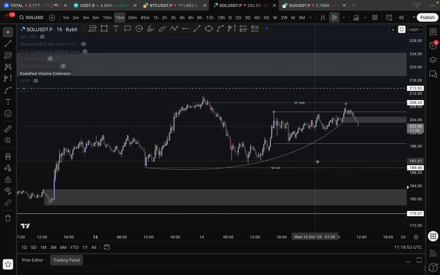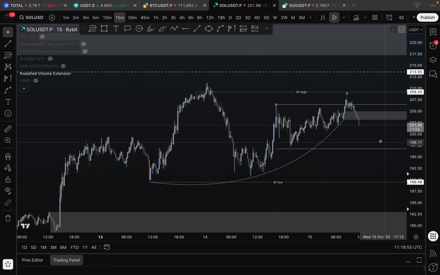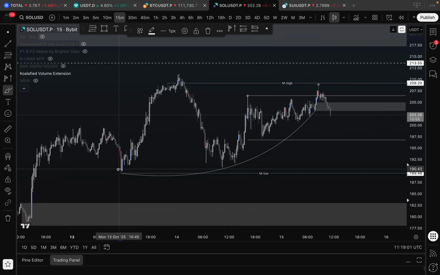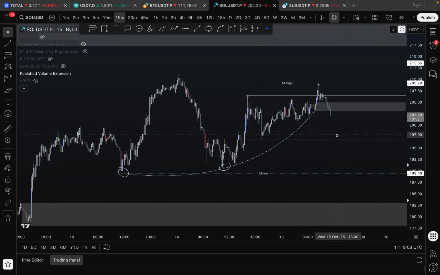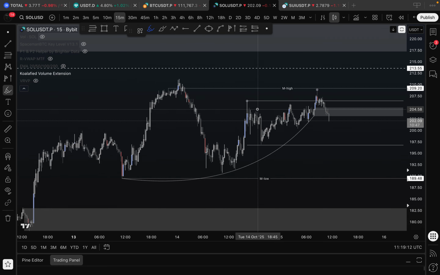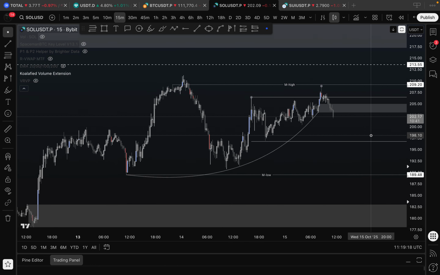I had some plans for shorts on altcoins because here we have, for example, Solana with all these lows stacking up, which are all creating liquidity right here. And then from here, we started to form a range with the range high, range low, sweep of that high. So I was looking for short triggers right here.